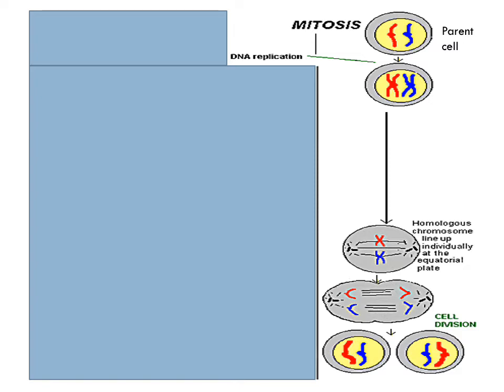All right. The first step of mitosis is making a copy of our DNA. We call that DNA replication. So if you look at the cell underneath, now we have two copies of the red chromosome and two copies of the blue chromosome, and they are joined together by the centromere in the middle.